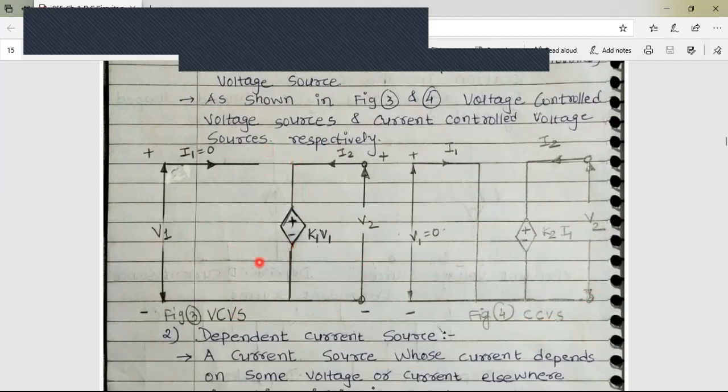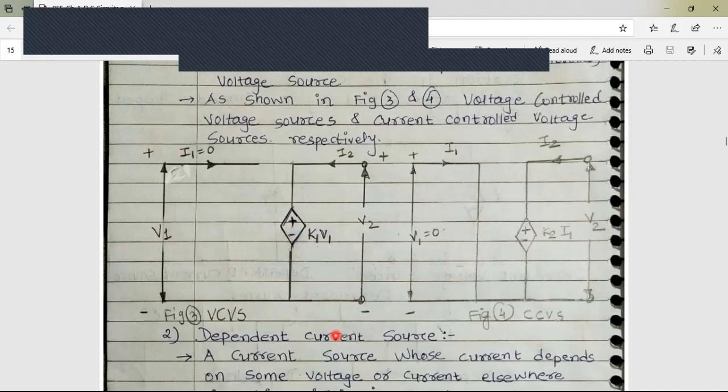Here, this is the input voltage and this is the output voltage, which depends on the voltage. Here, the output voltage depends on the current I1. So these two are voltage sources. This one is a voltage controlled voltage source because its output voltage depends upon another voltage like V1 in the same circuit. And in the current controlled voltage source, the voltage depends on I1. I1 stands for a current in the same circuit.